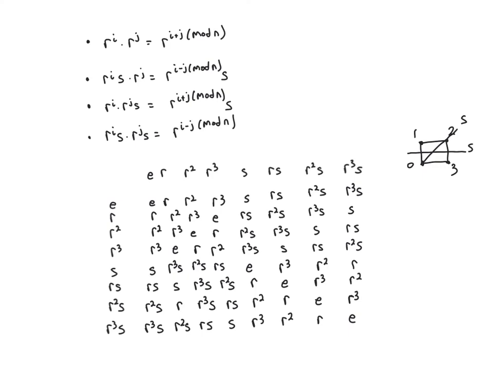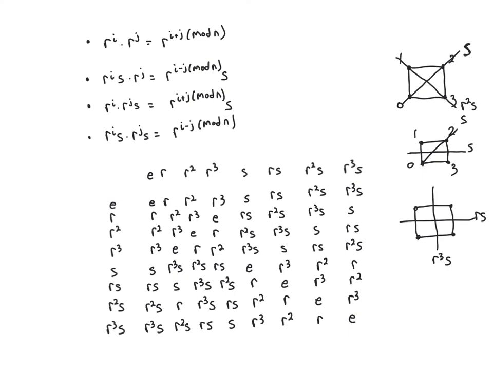As S fixes 0, and you can prove that S also fixes 2. So if you want to actually check the arithmetic, it turns out R times S is the horizontal reflection. R squared times S was the diagonal reflection under this labeling, and R cubed times S is the vertical reflection. So now you get all the reflections we had from before.